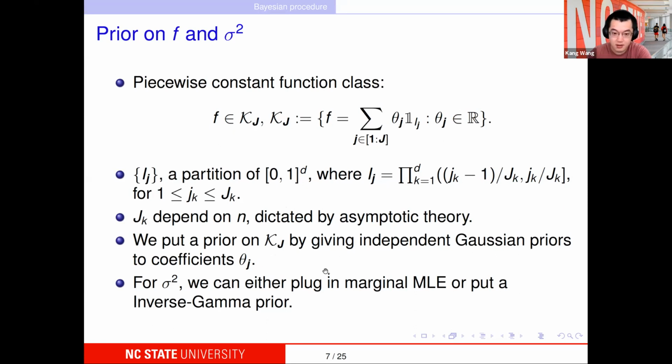We can either estimate it using the marginal MLE by integrating out theta and plugging in, or follow a fully Bayesian framework and use an inverse gamma prior, which is conjugate.